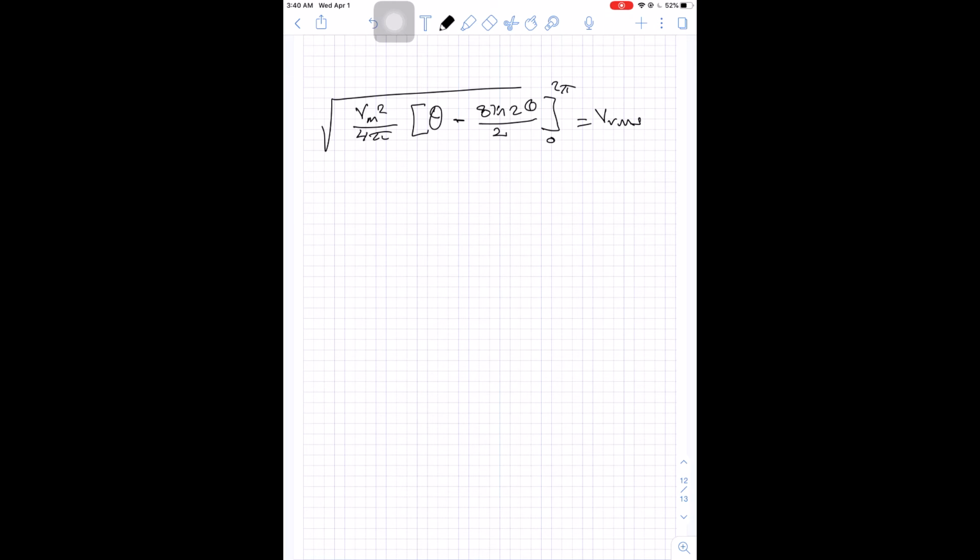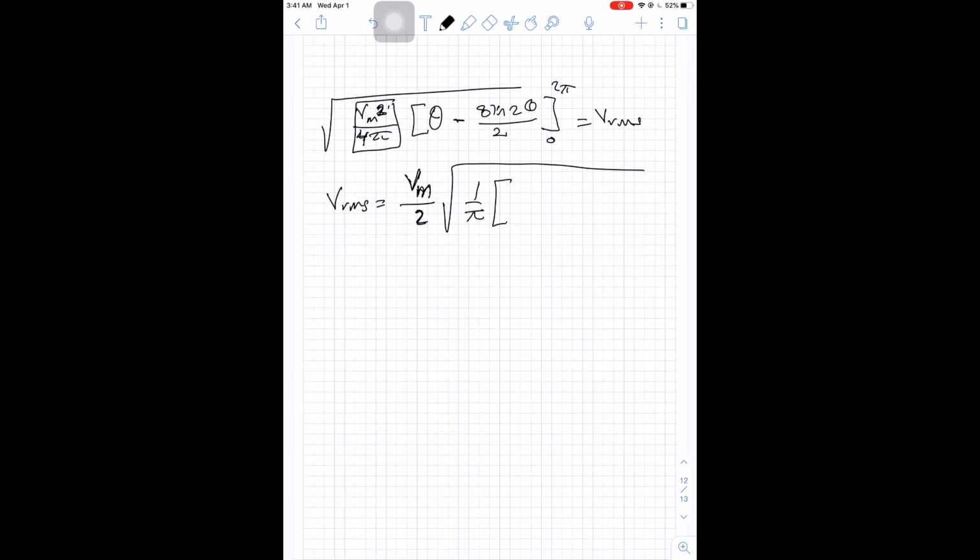So we can take V maximum over 4 pi outside the integration. So we have our V_RMS equal to V max divided by 2, and here we have inside 1 divided by pi. So we took V max squared over 4 outside the square root to be V max over 2.